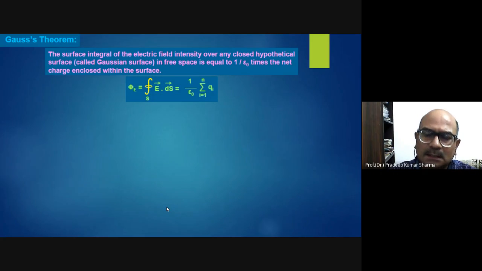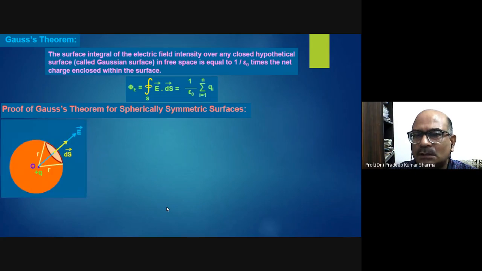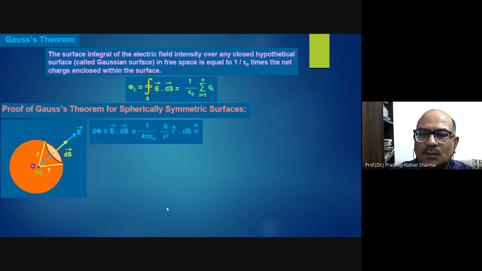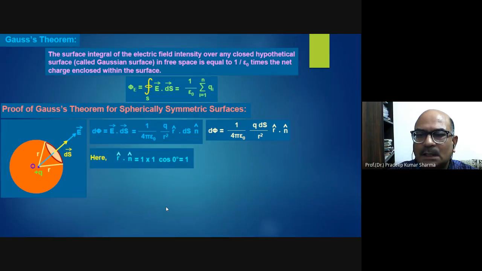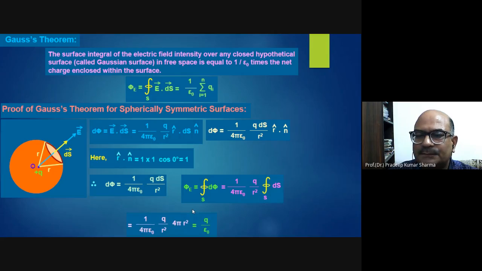We got the proof by using a point charge surrounded by a hypothetical spherical surface, and the value can be derived easily. So Q by epsilon naught, where Q was the enclosed charge.